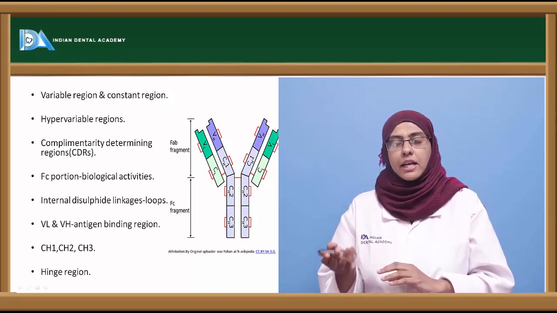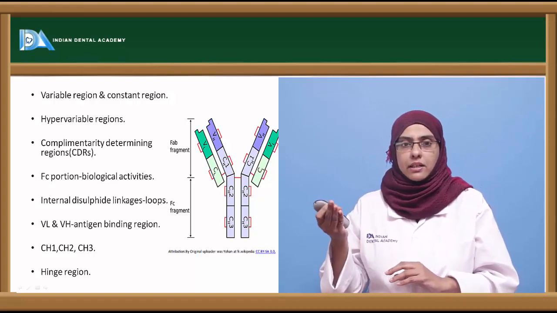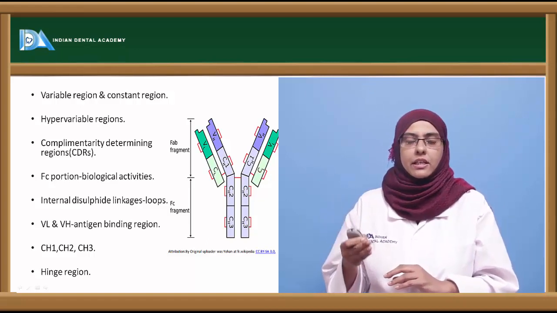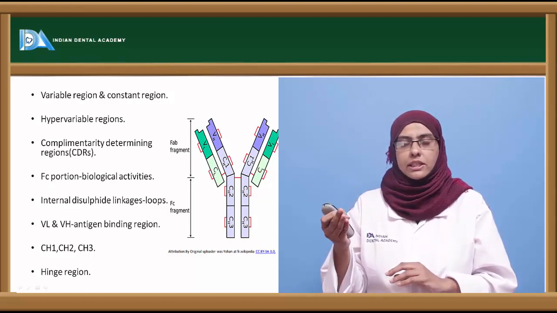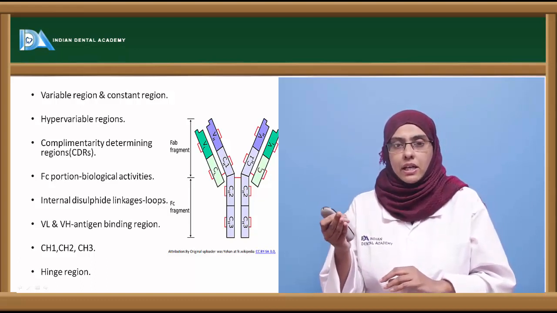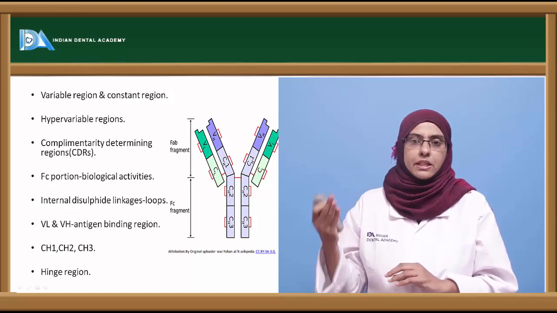Apart from that, CH1, CH2, CH3 and CH4 are the constant regions present in the heavy chain. They are usually not seen in the light chain. Only one portion of the light chain has a constant region, whereas two to three portions can be present in the heavy chain.